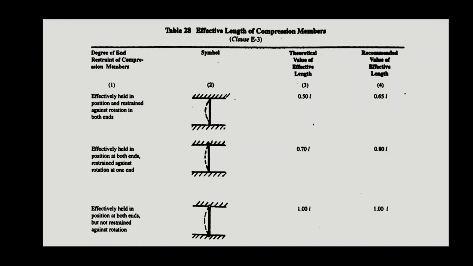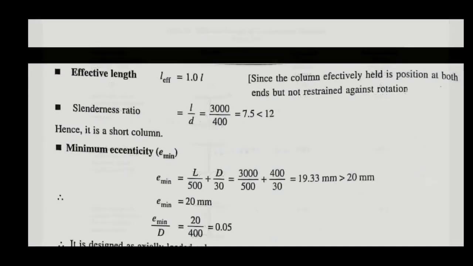You can see in the extreme left column, number 3 is our end condition as per the problem, effectively held in position at both ends but not restrained against rotation. Look, the symbol is also given. So the recommended value of effective length is 1L. So we should take this.